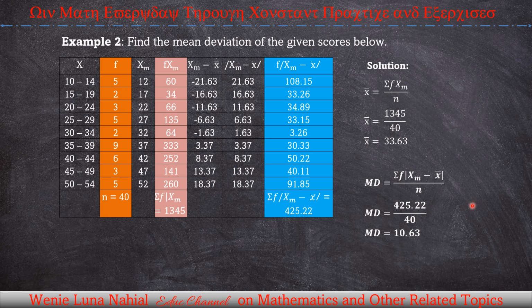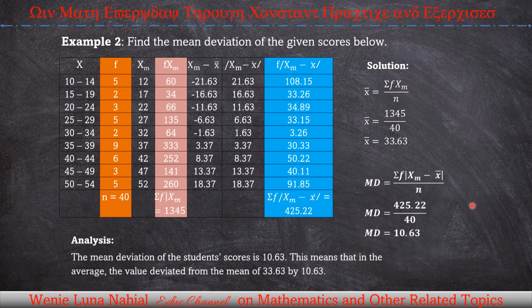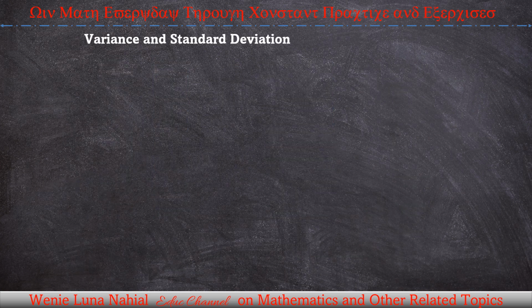What does this MD imply? The mean deviation of the students' scores is 10.63. This means that on the average, the value deviated from the mean of 33.63 by 10.63. So that's the meaning.